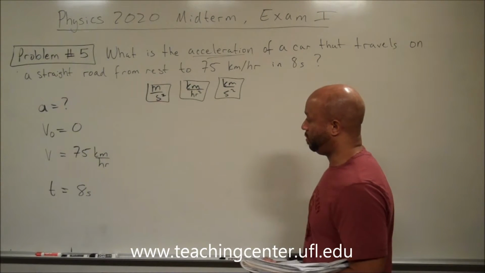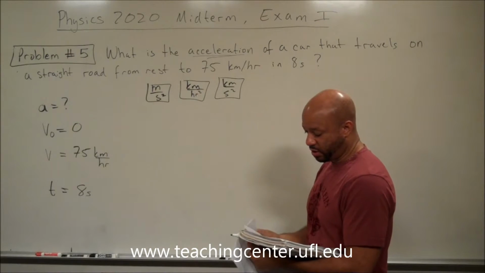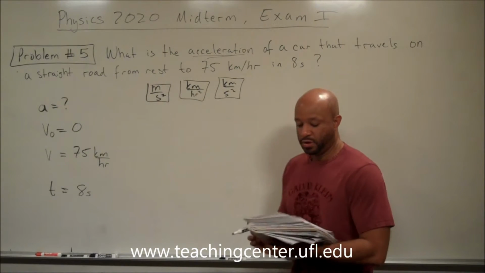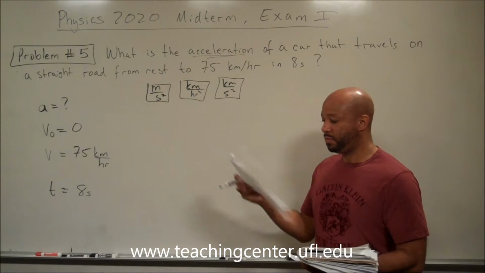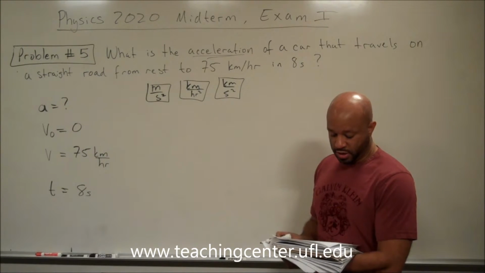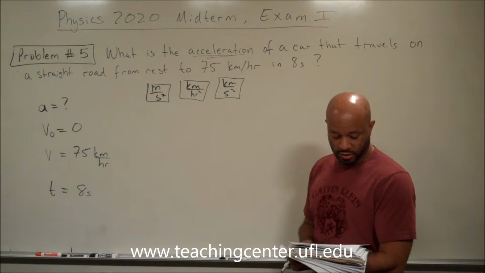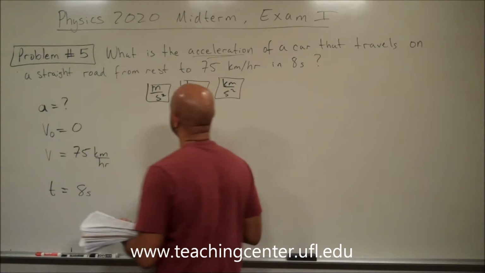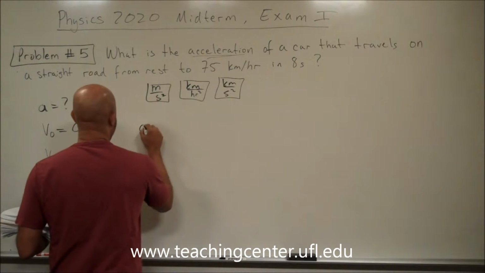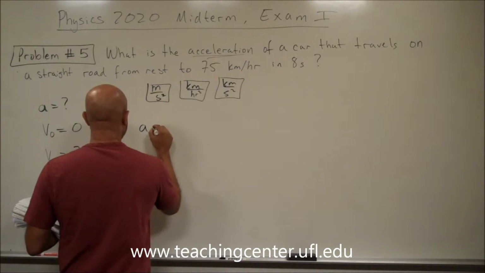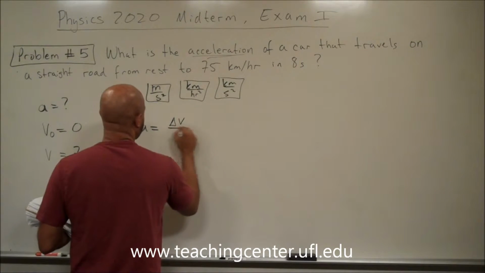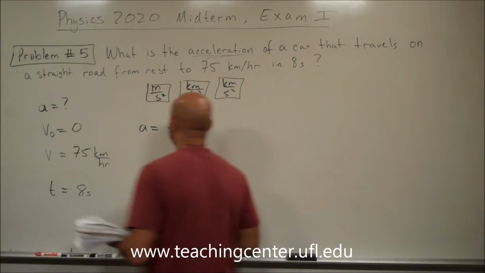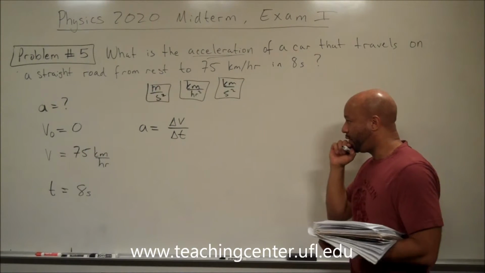And so we know that if we look at our formula sheet that's given for this particular exam, it says that our acceleration is equal to the change in velocity over the change in time. Okay?